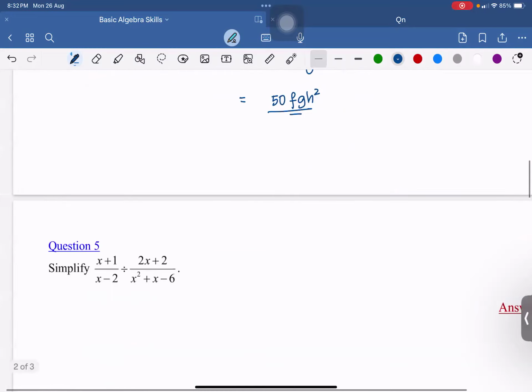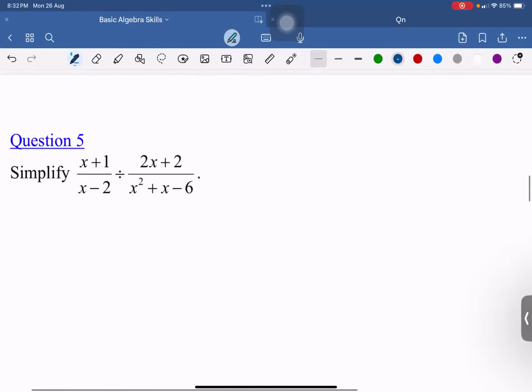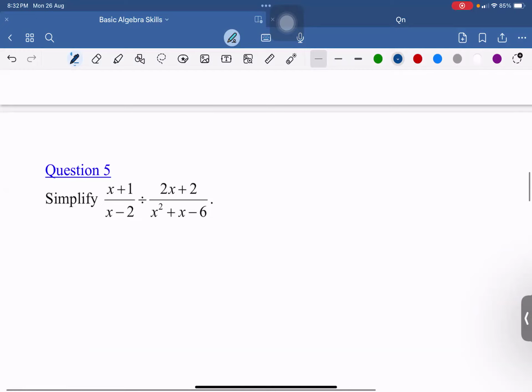Next question. I tell you what my students like to do. They will tell me cancel, cancel, cancel, cancel, then don't know what they cancel. Then got left nothing. Can I cancel anything just like that? No. When you don't know how to do, I say my favorite letter.